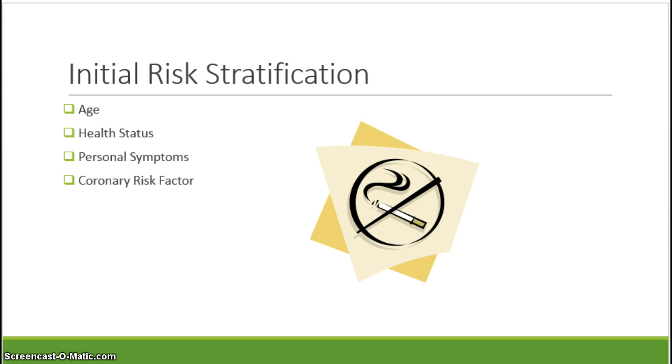So that means you want to determine if your client is low, moderate, or high risk for exercise. Whether they're going to get hurt or whether they could have a heart attack or a stroke or something. I hope that explained it well.